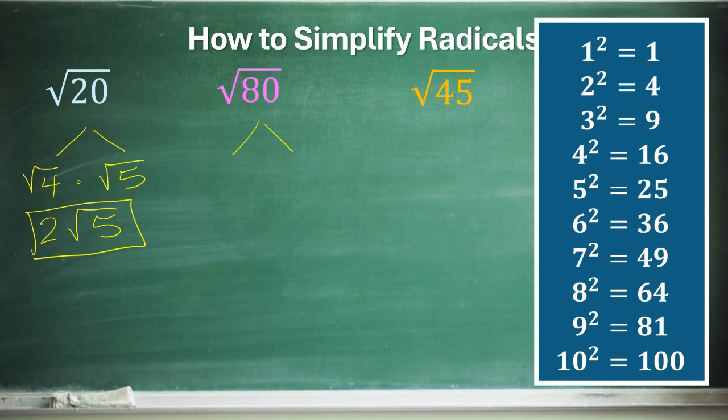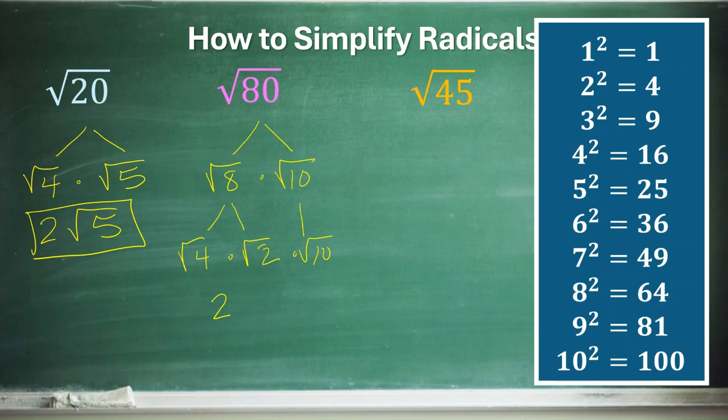This one, I have root 8 times root 10. I don't straight away see a perfect square in here yet. So I'm going to say that this is root 4 times root 2, and then this is root 10. I know that root 4 is a perfect square, so this is 2.